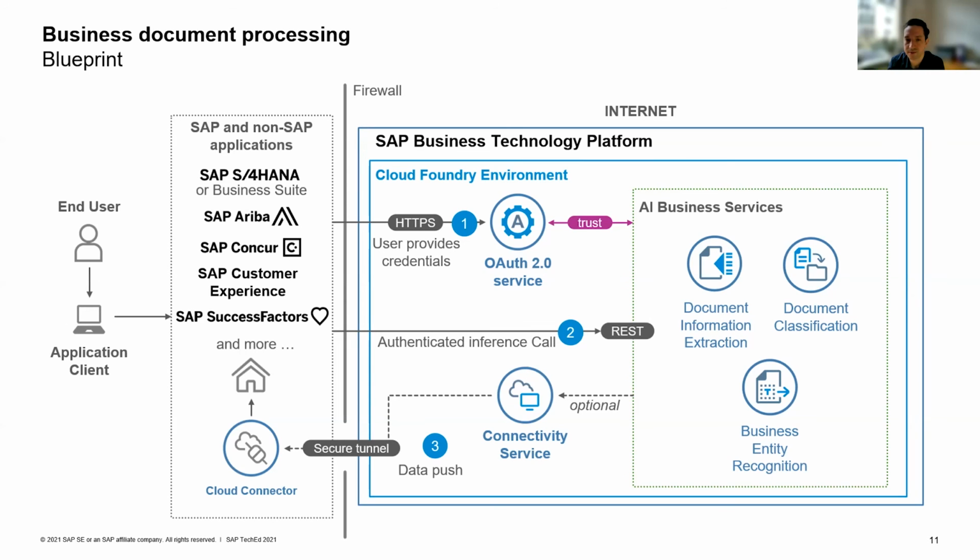Karthik was explaining at the beginning how you can access the platform and how you can easily entitle yourself for these AI business services. There you have also seen that there are boosters that make it much easier for you to create an instance of the service, to create a service key, or even to assign role collections so that you are ready to go and you can start using the service straight away.